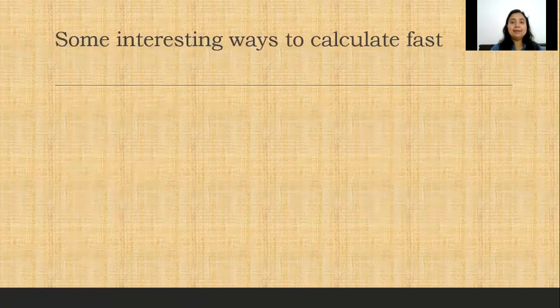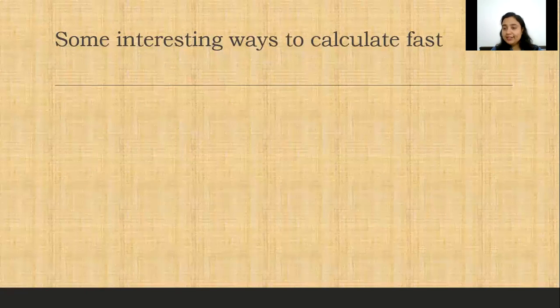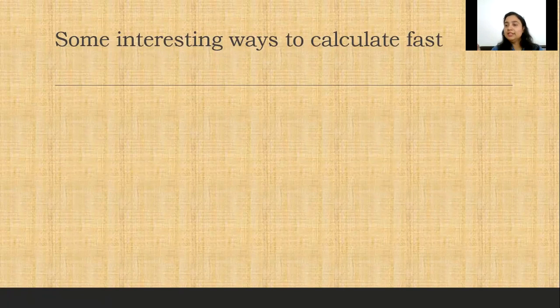Let's see some more examples and some interesting facts to calculate fast. Because nowadays many times the teacher is not asking for the working, so we want to add fast so that we can give the answer to our MCQ kind of questions. So for that quick addition, you have to observe the denominators. There are generally three kinds of situations where we need to add fractions.